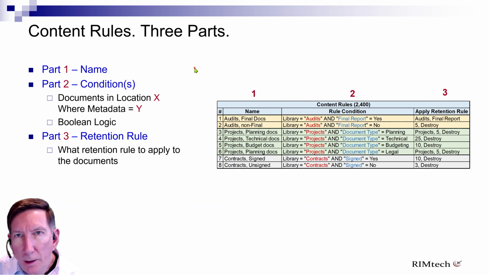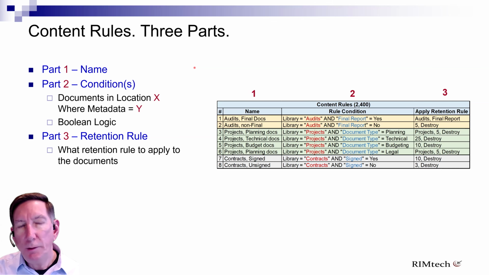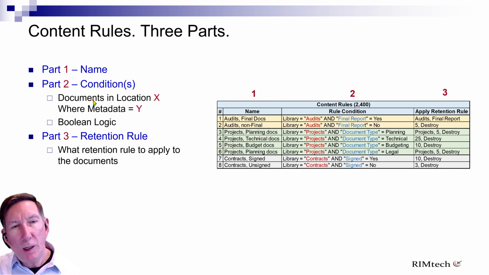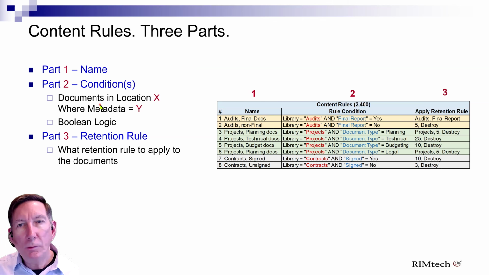Okay? Now, what is a content rule? A content rule is a rule you have to create to do something with a retention rule. So here's what they look like. We have 3 parts: a name, a condition, and a retention rule. The name is just that. The condition is what condition has to be met so that I can identify the documents in SharePoint that I want to apply this rule to.